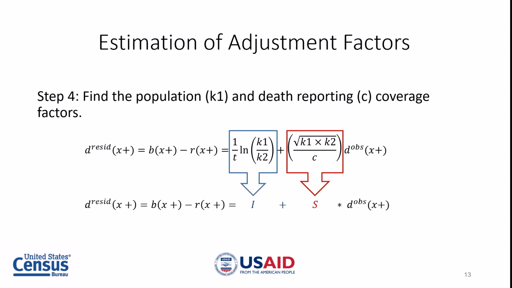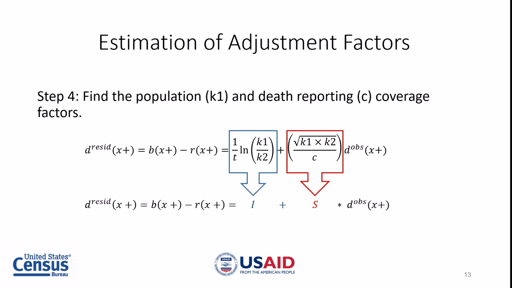This can be calculated as the exponentiated intercept multiplied by the intercensal interval, where K1 is the completeness of the first census and K2 is the completeness of the second census. The values of K1 can be obtained from the above equation by assuming that K2 is equal to 1.